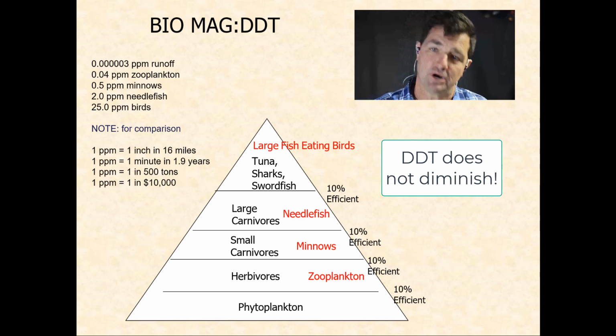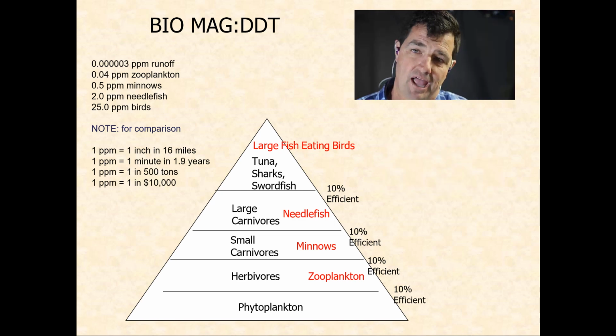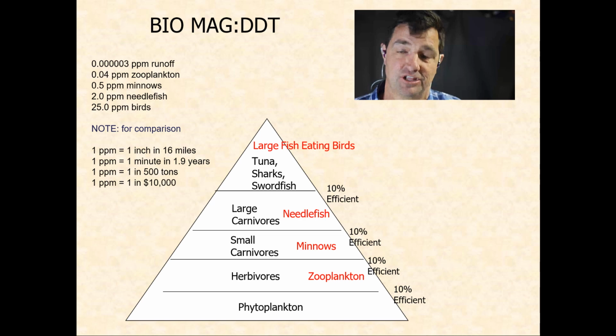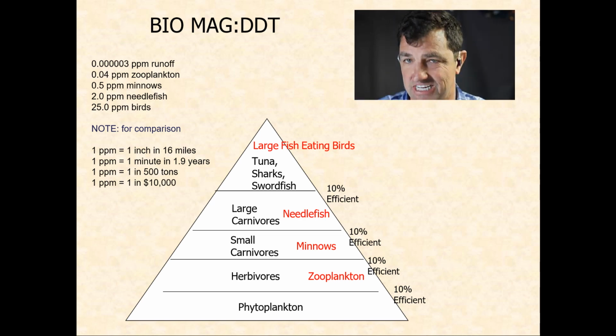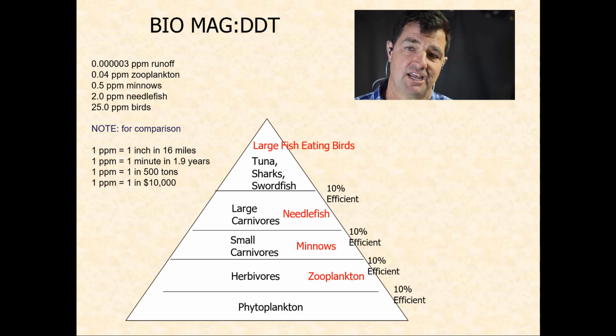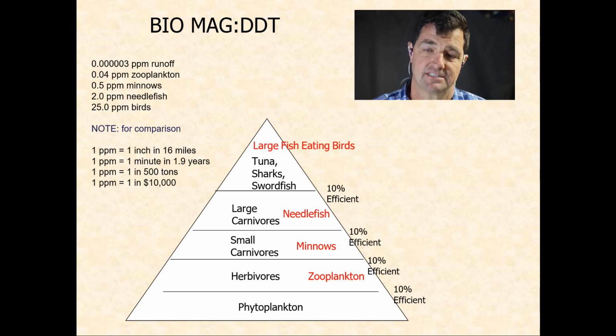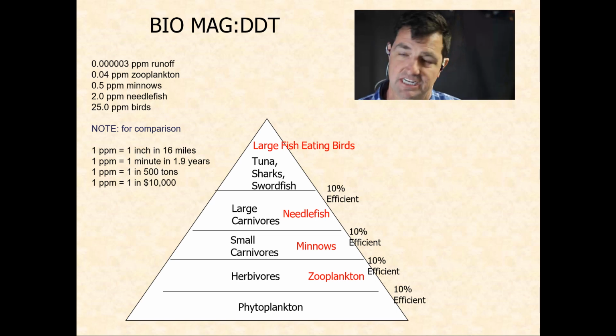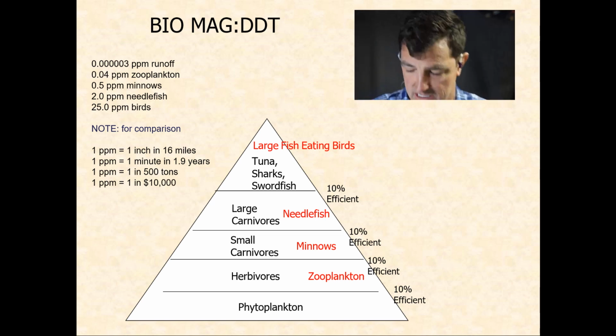Animals higher up on the food web have to eat more of the animals below them because they're losing 90% of the energy, but the DDT gets concentrated because it doesn't follow that same 10% efficiency, since it's not being used as energy.